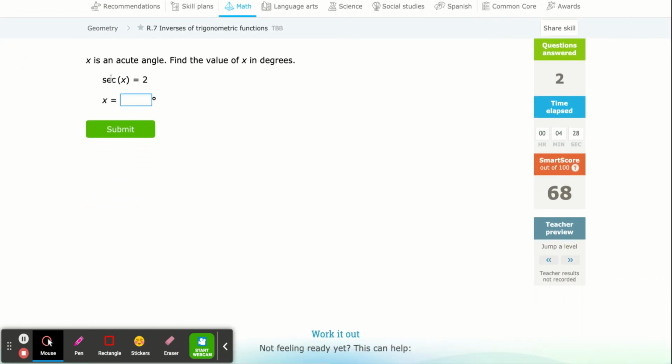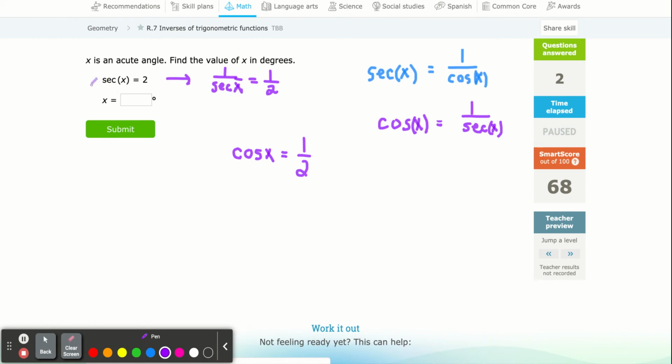Now, what happens when we get to a secant? There is no inverse secant on your calculator, so we're going to do it a little differently. So to do the secant, and the same thing will apply for the cosecant and the cotangent, what I do is I flip both of these upside down. So I write the secant of x as 1 over the secant x and 2 as 1 over 2. It's an equivalent equation.